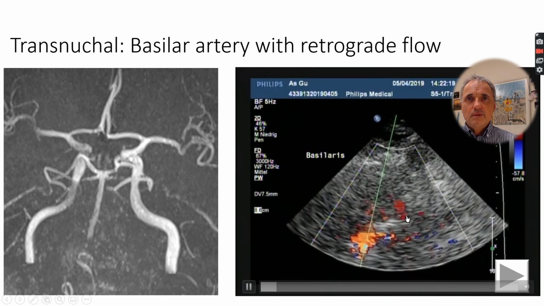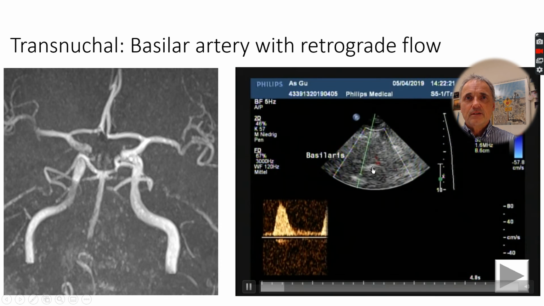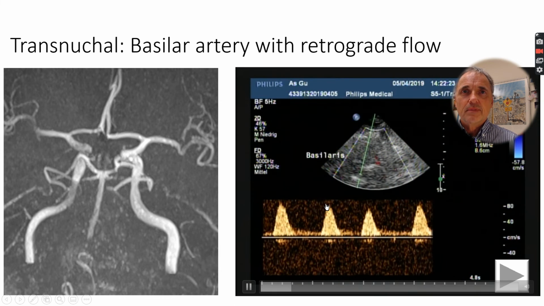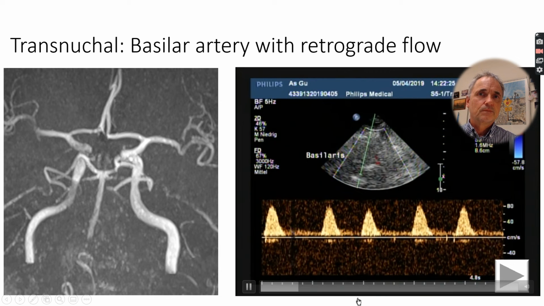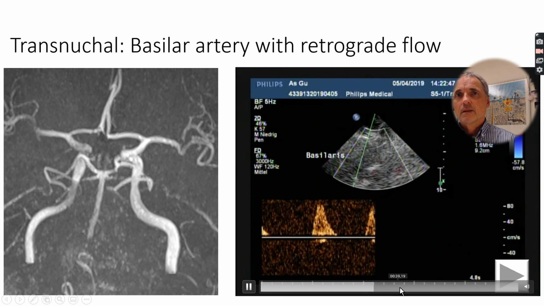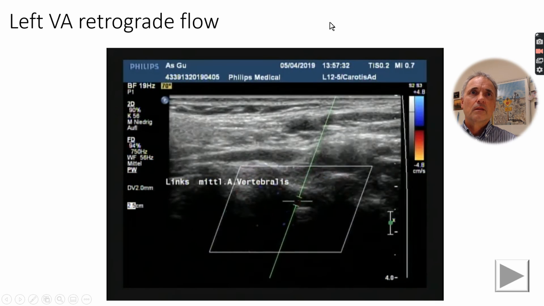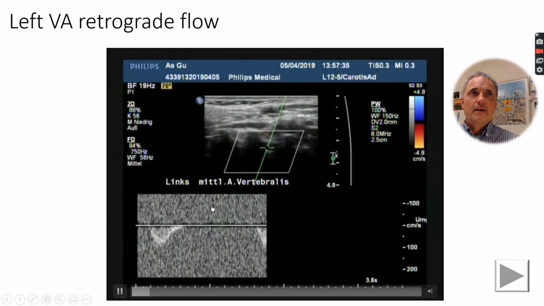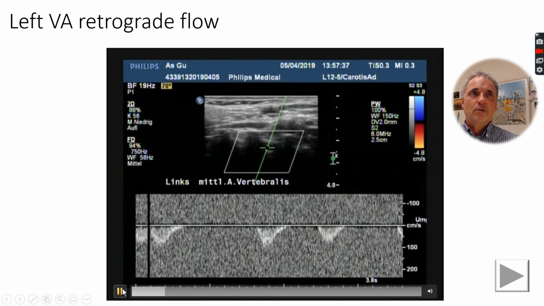Transnuchal display of the vessels. Here the foramen magnum shows the retrograde basilar artery, and a retrograde flow in the left vertebral artery with lack of diastolic signal that is corresponding to the blood supply to the subclavian artery on the left side.